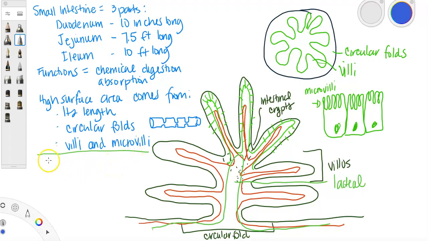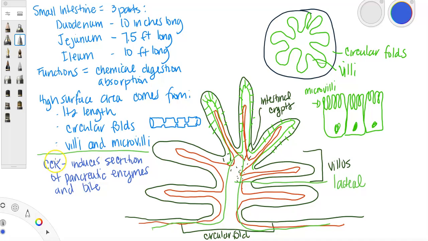are going to be CCK, so that's cholecystokinin, and cholecystokinin is secreted by the intestinal tract, so the cells that are in here, and it induces secretion of pancreatic enzymes or pancreatic juice and bile. So, of course, it targets the pancreas.